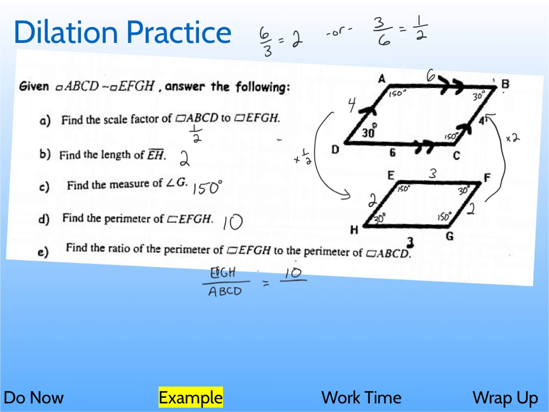So we divide 10 by 20, and you get 1/2, which, importantly enough, is the scale factor from ABCD to EFGH. So the perimeter and the scale factor, these ratios are going to be the same.